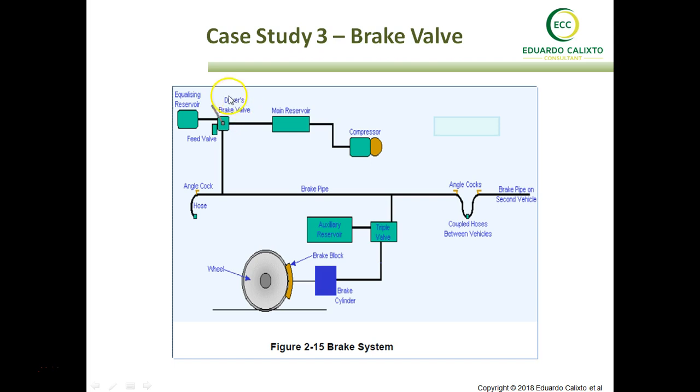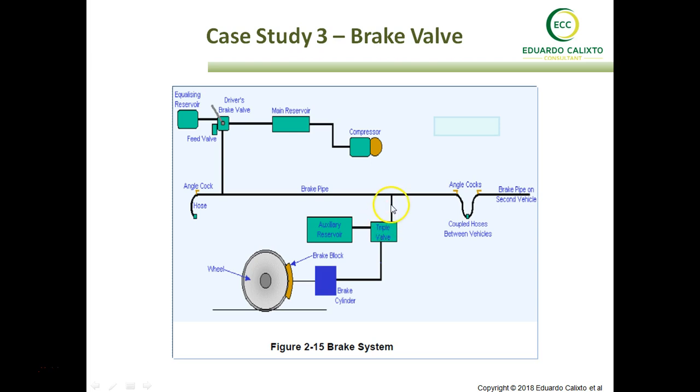The driver's brake has this valve in here. Depending on the position, when they want to use the brake, they put it in a position where the compressor releases the brake. So usually when the compressor is releasing the brake, they let the air come from the compressor into the main reservoir here, and the pressure in this line is very high.